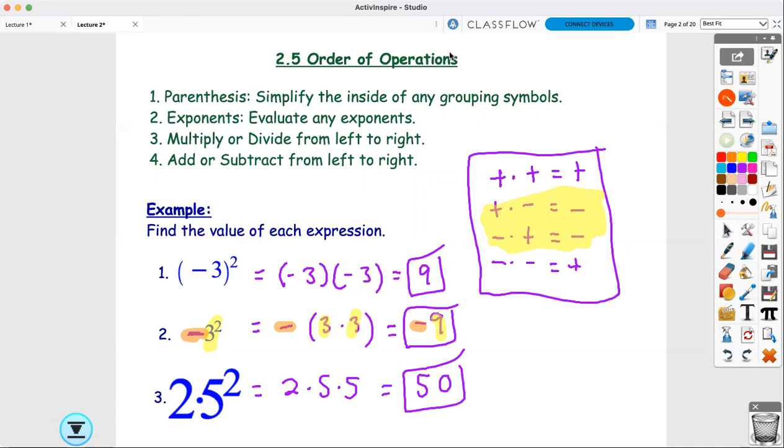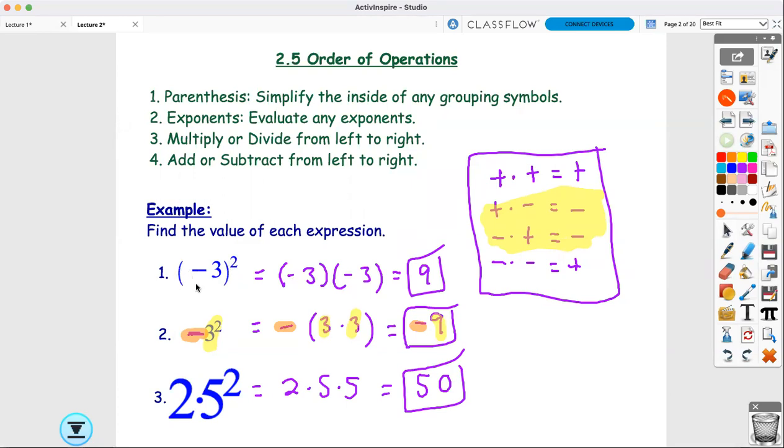Yes, Nicholas. Okay, so for number 2, I got confused. So when do you know how to use the parentheses if it doesn't show them? Great question. That's exactly the point. When you see the parentheses is when you do the negative times a negative, because the negative 3 is what's being squared.